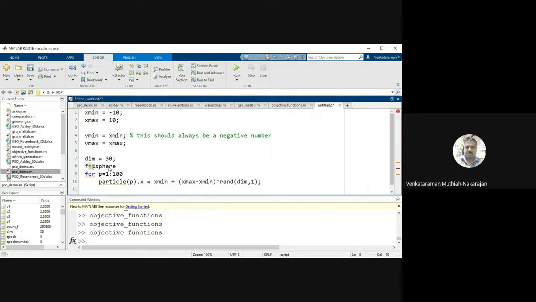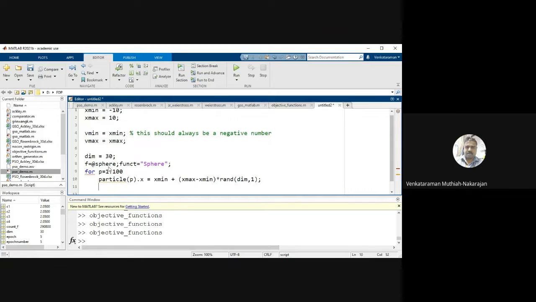You have to define your function. Okay. So we have defined our function. It's the sphere function in our case.